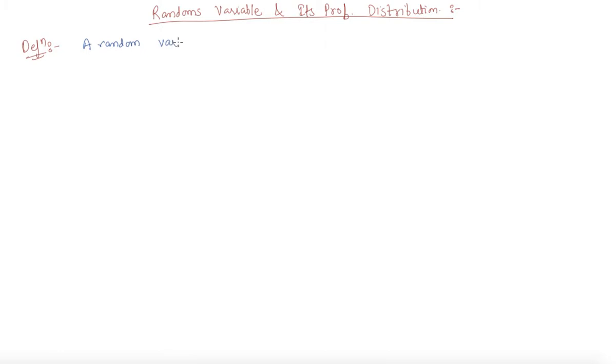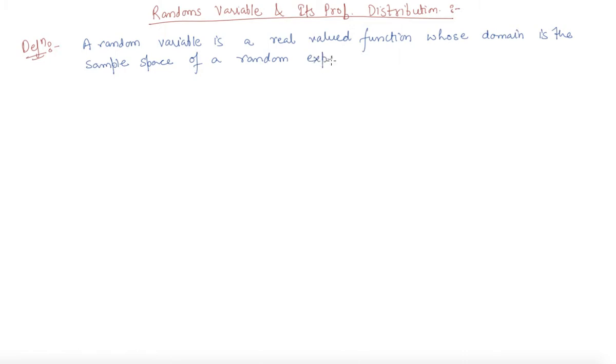A random variable is a real valued function whose domain is the sample space of a random experiment.